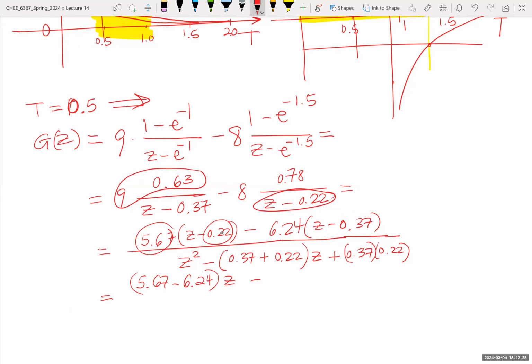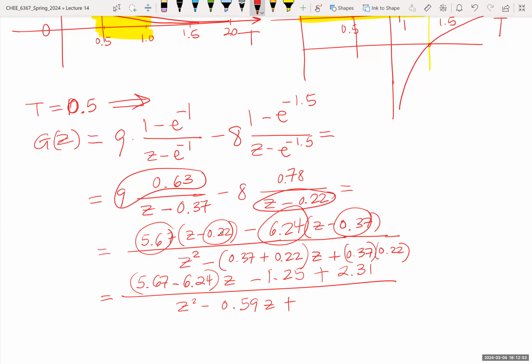This times this is 1.21, 2.5. And then it's plus 6.24 times 0.37, 2.31. Okay, divided by z square minus 0.59 z plus 0.37 times 0.22 is how much? 0.08.